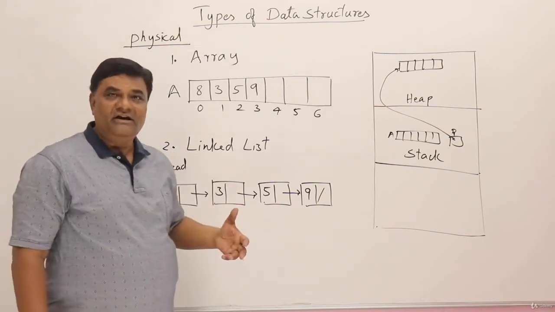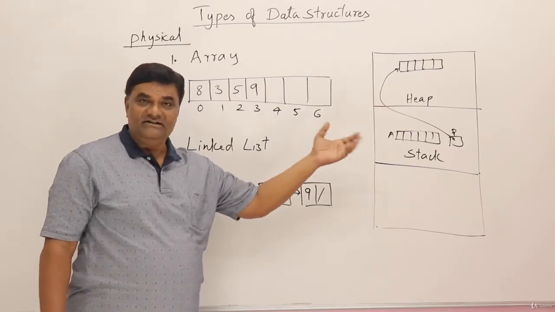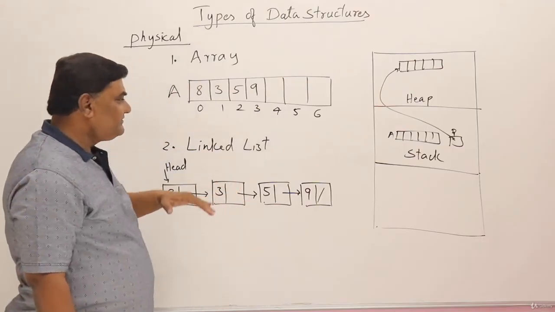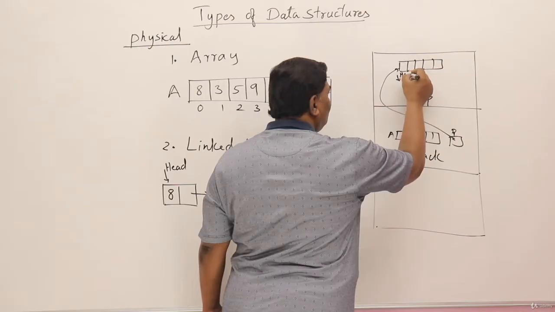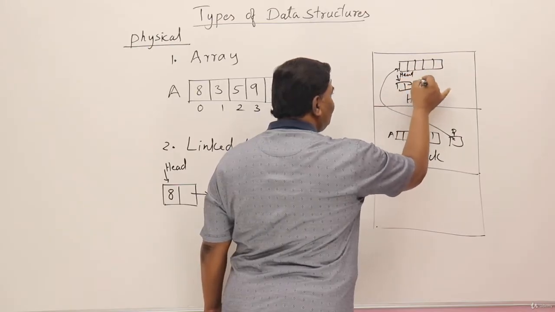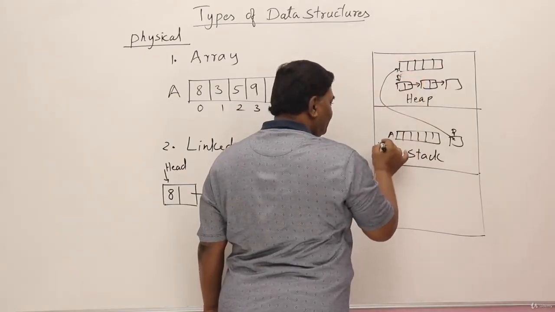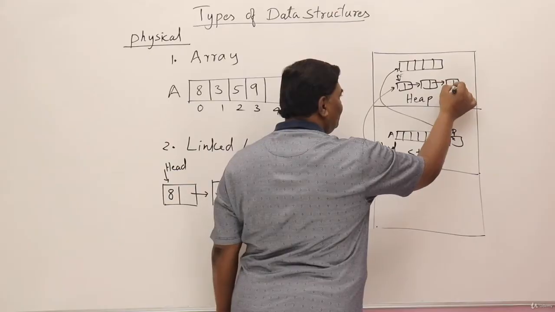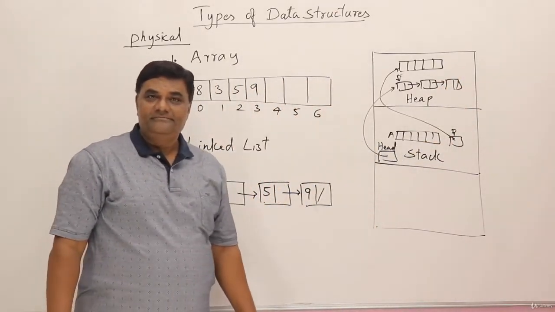As per your requirement, you can go on adding more and more nodes and elements, or you can reduce the size. This linked list is always created in the heap. The collection of nodes is always created in the heap. The head may be a pointer pointing there, so the head pointer may be inside the stack.